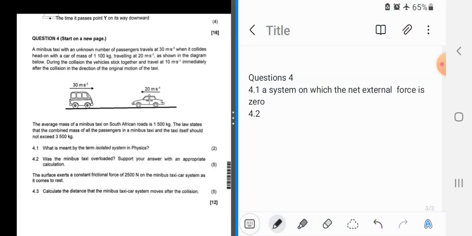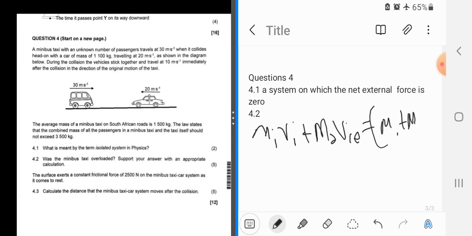We are going to need initial momentum 1, that is mass times initial velocity, plus momentum 2, mass 2 times velocity 2, equals momentum 1 plus momentum 2 after, with the final velocity.